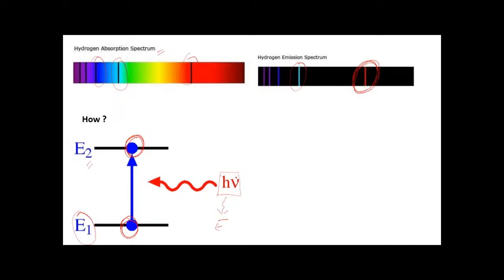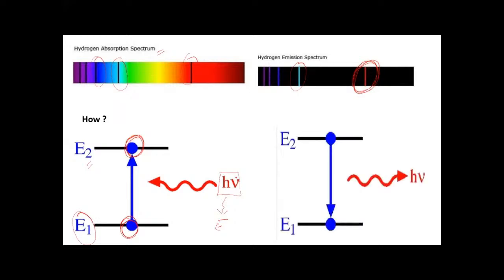After some time, when this electron comes from its excited state to its ground state, it releases energy in the form of radiation, which has a particular frequency. This color band suggests this frequency. So when light is absorbed, dark bands appear.